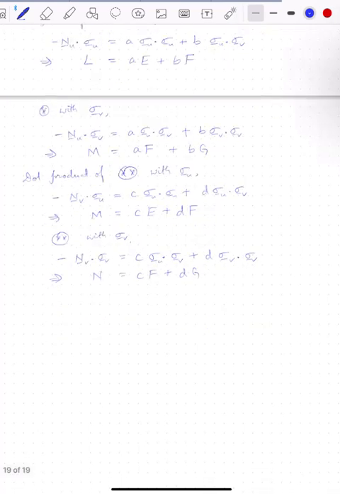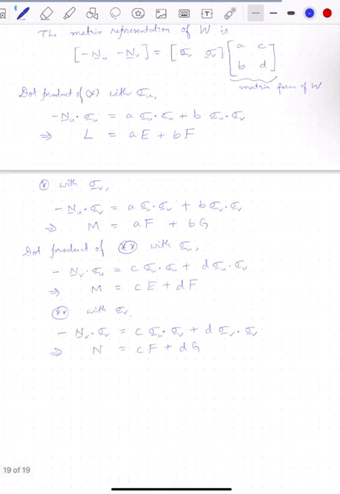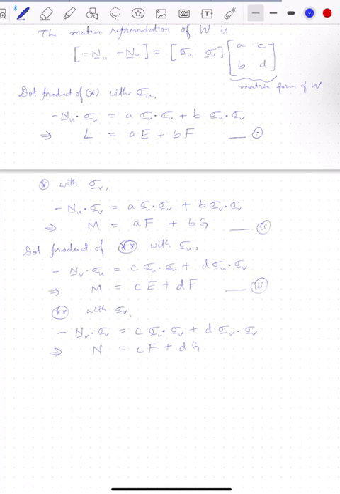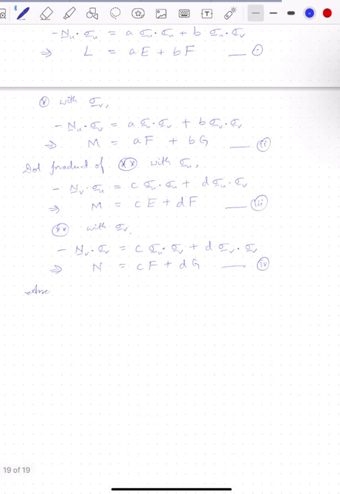So what we'll have is that combining all these equations, 1, 2, 3, and 4, and assembling them into a matrix equation, we have L here, and let's build it up.